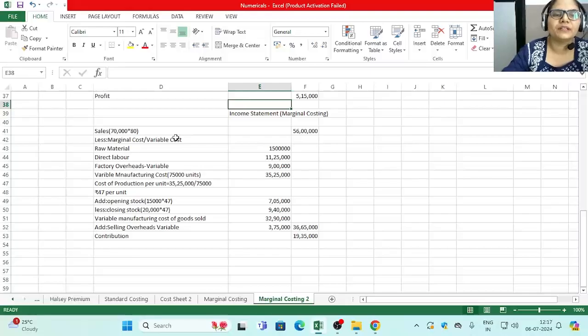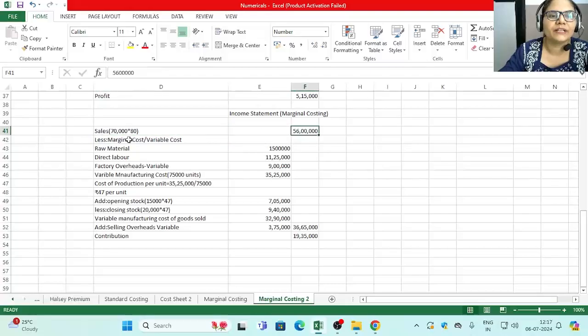Before moving on further, let me explain you once again so that there is no confusion remaining. First, sales is calculated. From sales, all sort of marginal or variable cost is deducted. Raw material, direct labor, factory overheads, variable. And after deducting the addition of these values from 56 lakh, you will get variable manufacturing cost 35 lakh 25,000.